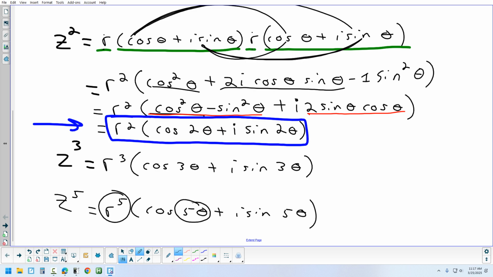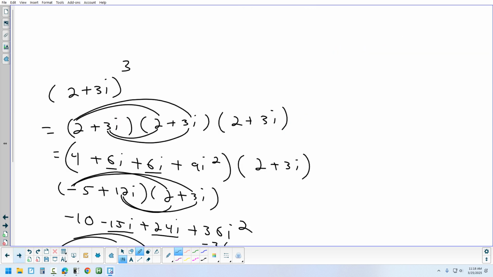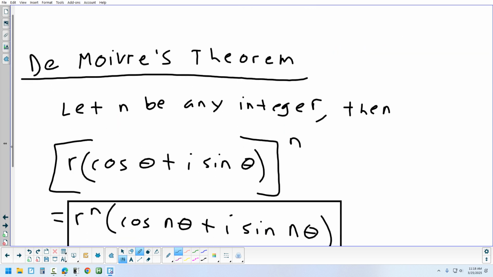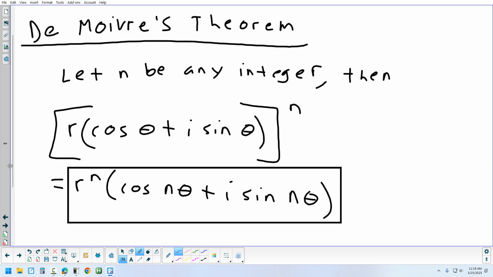Doing those 2 steps will take the place of all of that. And that's called De Moivre's theorem. So if you want to raise any number in trig form to a power, you do 2 things. Take the radius, raise it to the power. Take the angle and multiply it by the power.